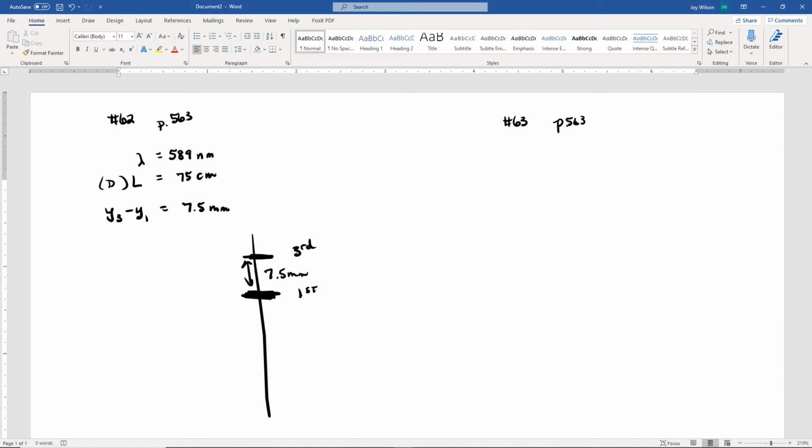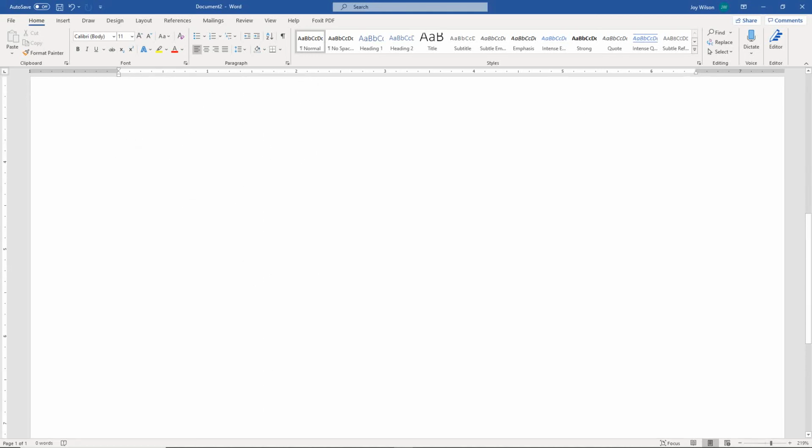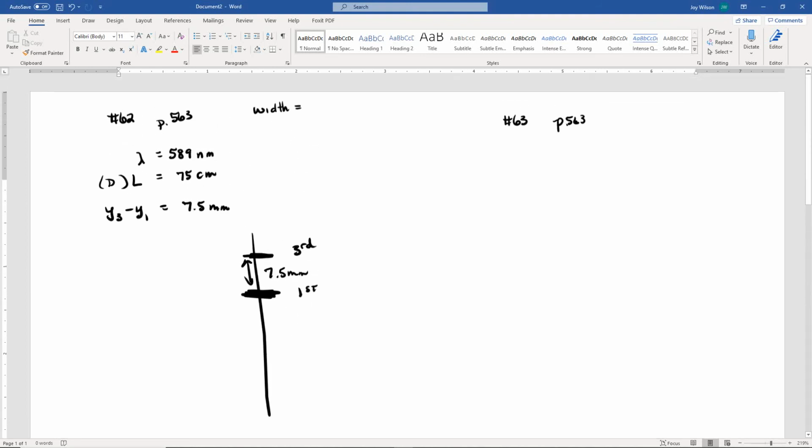So let's get back to our ideas that we had a minute ago. Slit width is going to be equal to, and we come back down, I'm going to show you. Oh, wait, I did a whole new page, didn't I? So it should go the other way. Well, never mind.